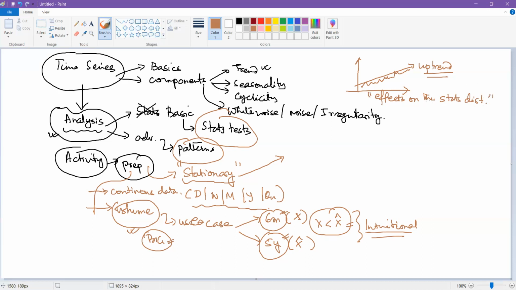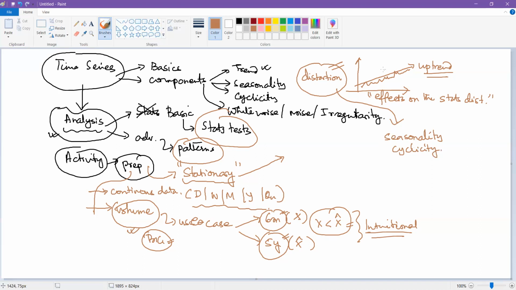This may not be entirely clear to you right now, but what I mean here is that this trend that I'm seeing over here, whether that is uptrend or downtrend, this can cause distortion. Okay, this will cause distortion more often than not, right? And I need to remove the distortion so that I will be able to see the seasonality and the cyclicity patterns, right?